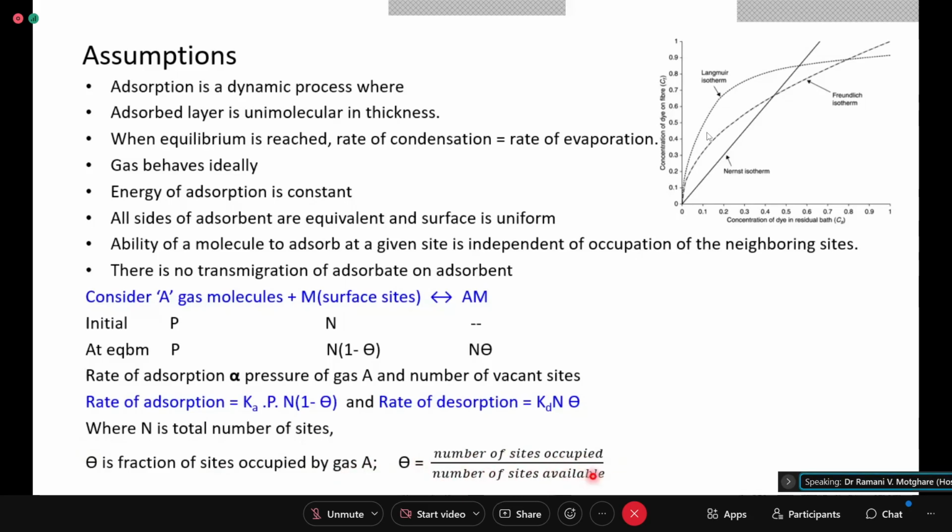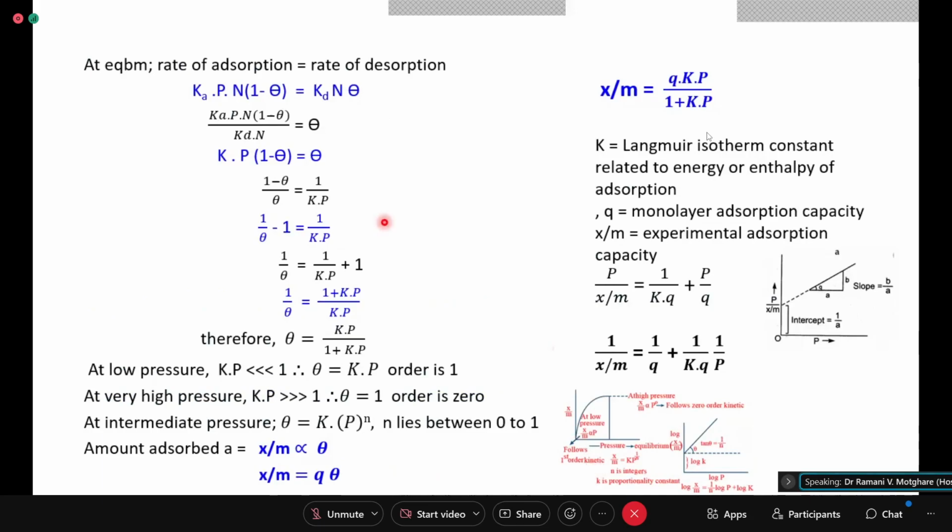Hence, at equilibrium, the rate of adsorption is equal to the rate of desorption. You equate Ka P n (1 minus theta) to Kd n theta. So Ka P (1 minus theta) by Kd is equal to theta. This Ka by Kd, you write as another constant K.